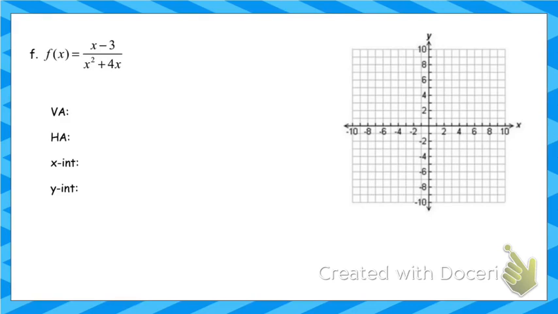Let's go ahead and factor. Take out the GCF from the bottom. So I've got two vertical asymptotes, x equals 0 and x equals negative 4. Horizontal asymptote, well, let me go ahead and graph those first.